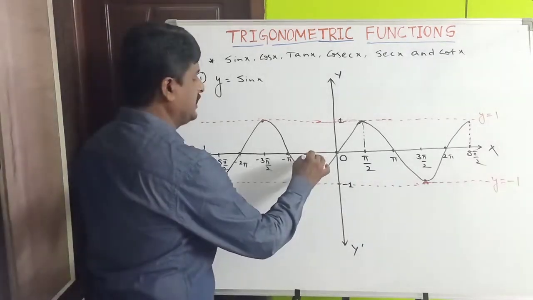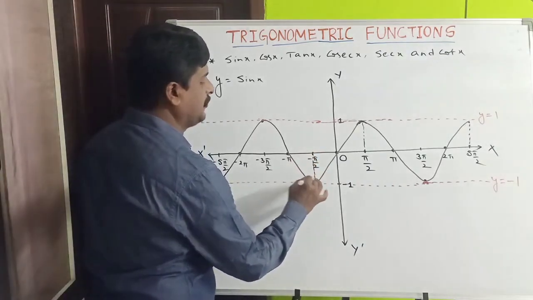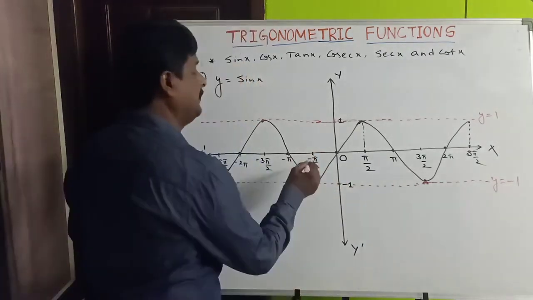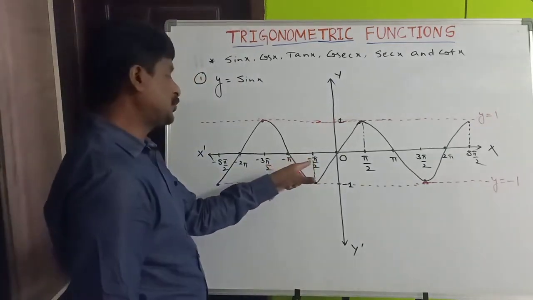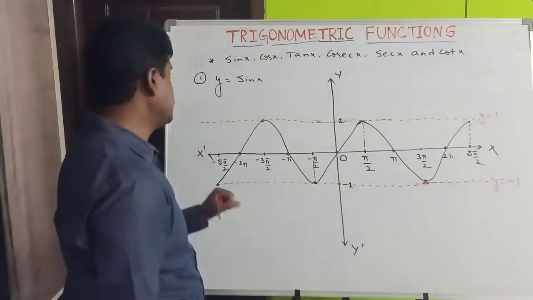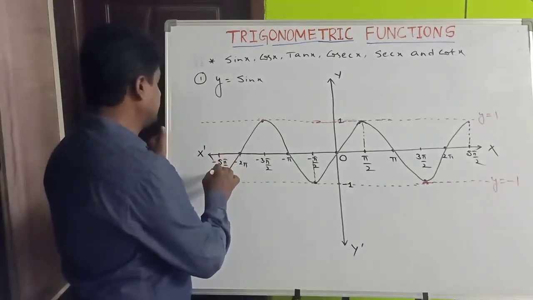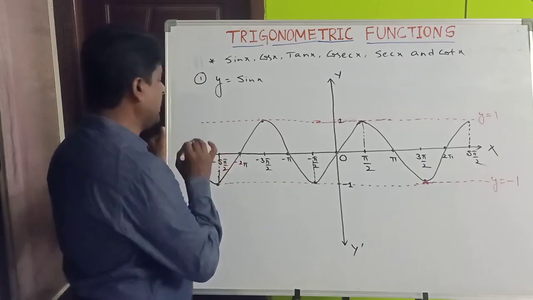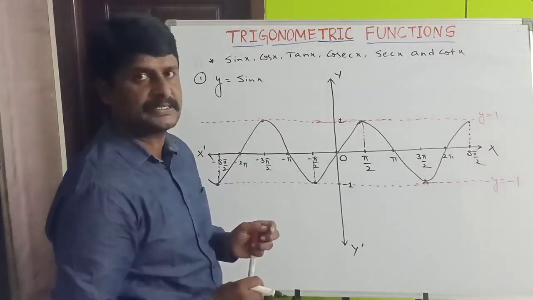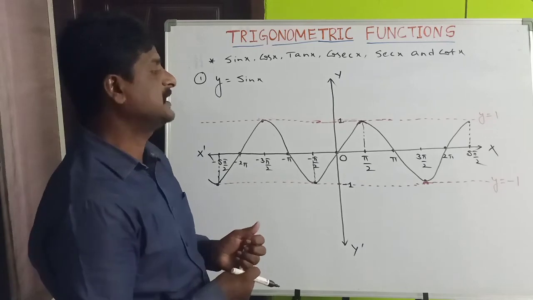And the graph of y equals sin x touches the line y equals minus 1 at minus pi by 2. Adding minus 2 pi to minus pi by 2, again at minus 5 pi by 2, the graph also touches the lower boundary y equals minus 1.